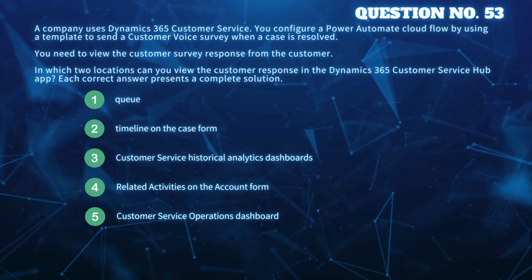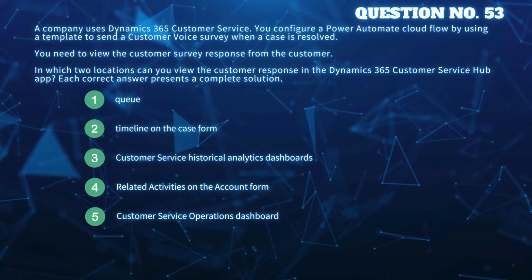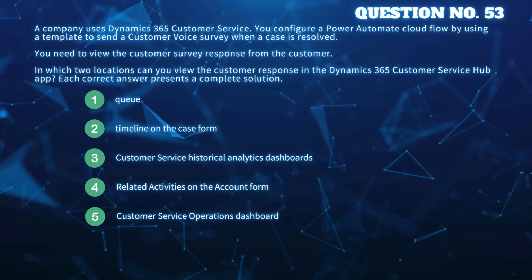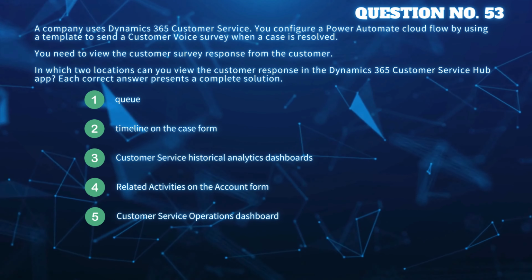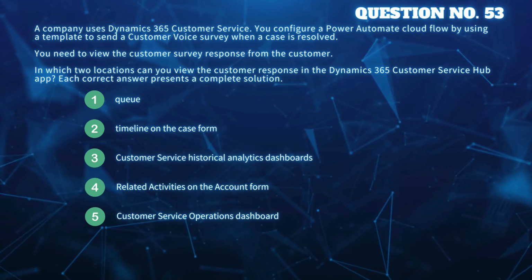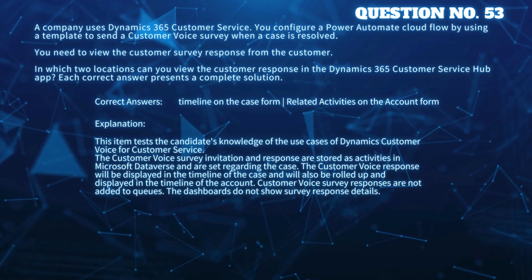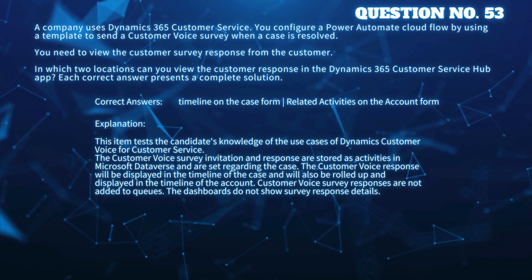Option 1, Queue. Option 2, Timeline on the case form. Option 3, Customer Service Historical Analytics Dashboards. Option 4, Related Activities on the account form. Option 5, Customer Service Operations Dashboard. Correct answers: Timeline on the case form, Related Activities on the account form.